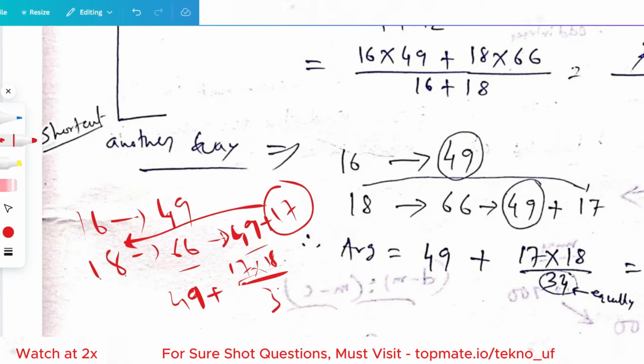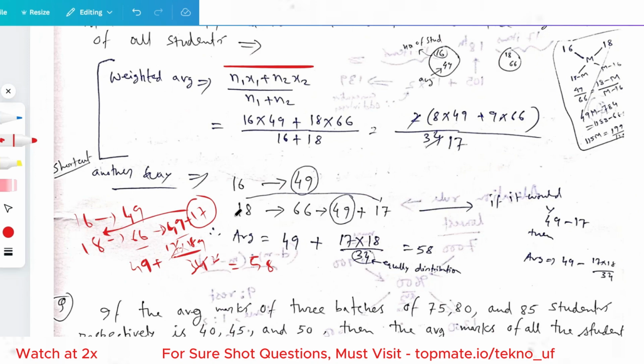So that becomes 34. If we just calculate, then we will get our desired output very easily. So 49 plus 9, that becomes 58. Okay, so this is a very easy trick. I'm going to share a few more examples so it will be more clear.